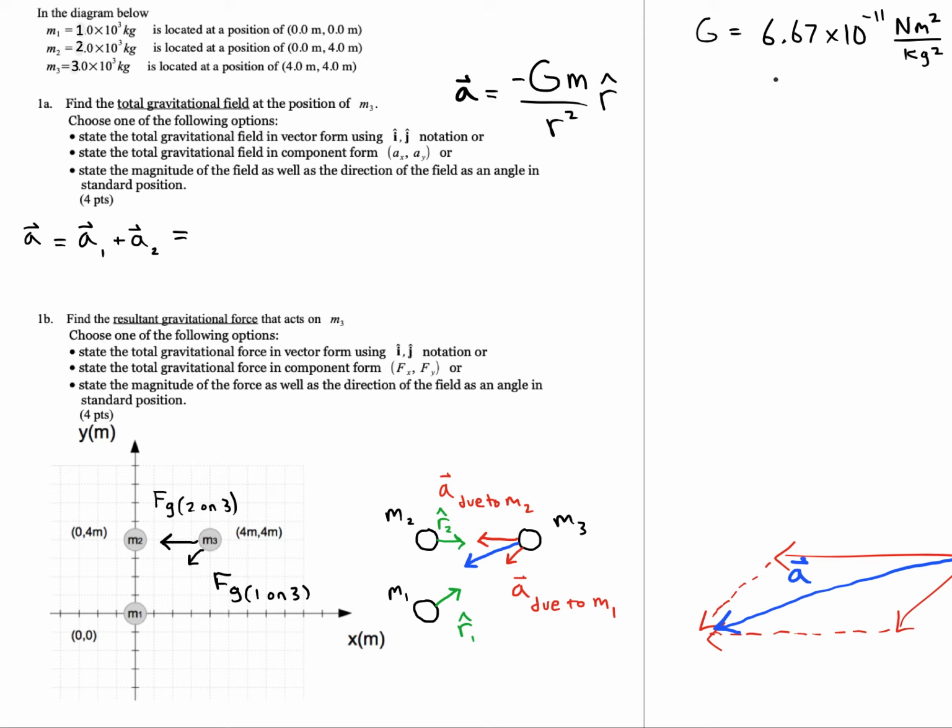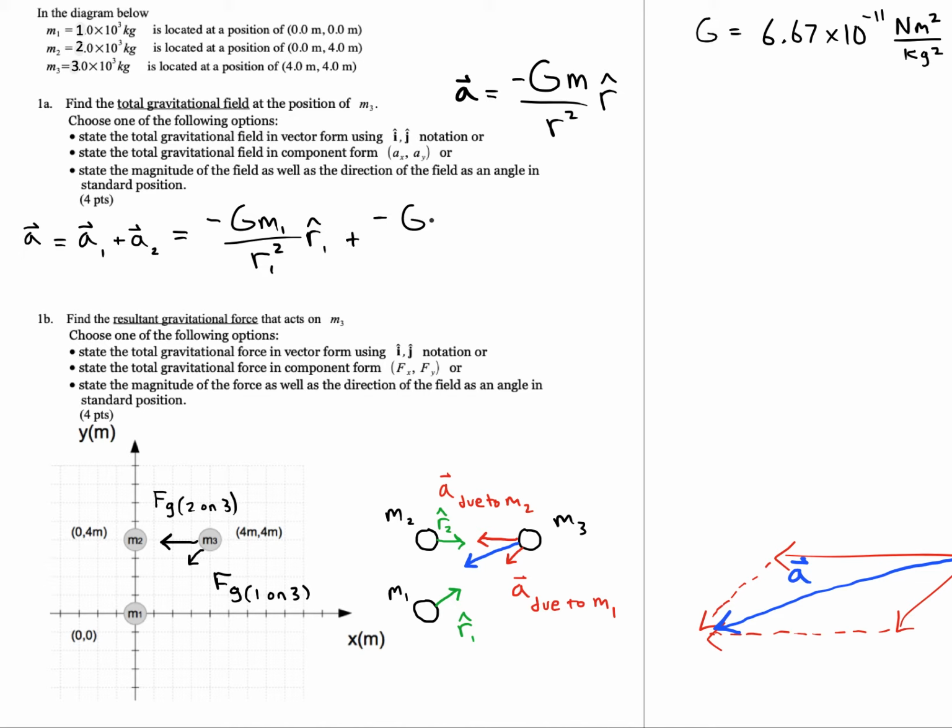So we just want to sub in the formula here. Negative G M1 over R1 hat. And then we square the denominator. So that takes care of the first contribution.